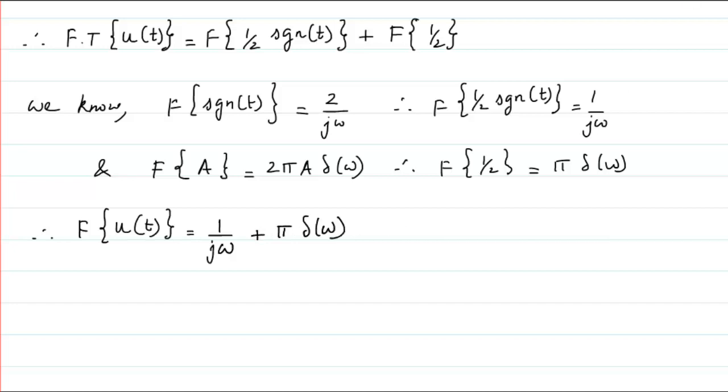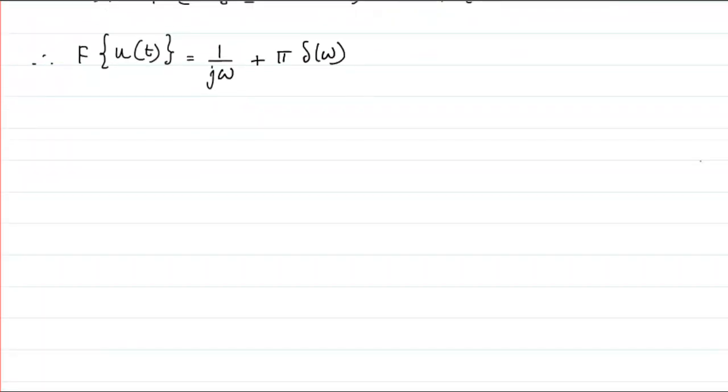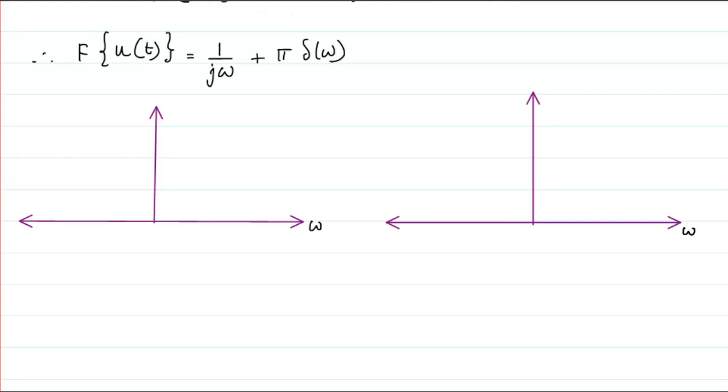Let us plot this. For the magnitude of X of omega, we will have two portions. One is 1 by j omega, and another is an impulse function at omega equal to 0 with amplitude of pi.